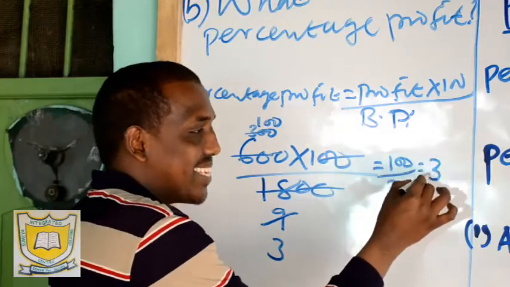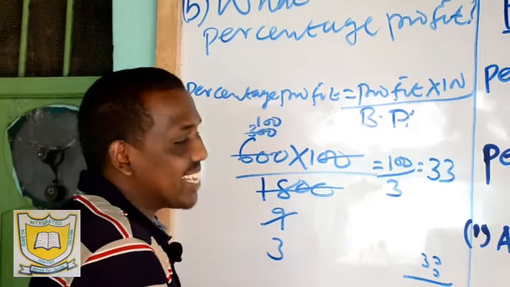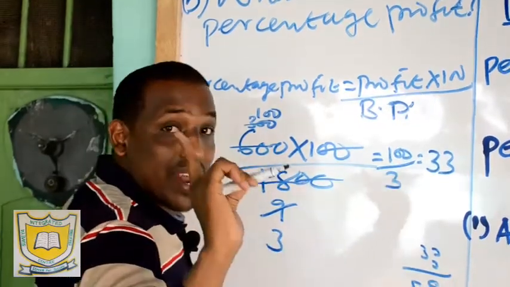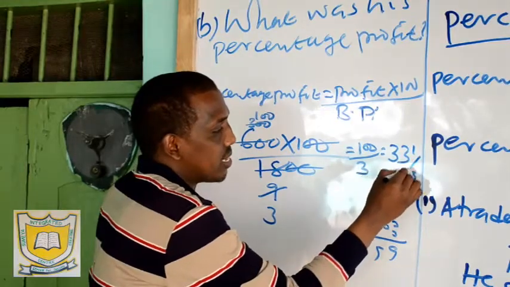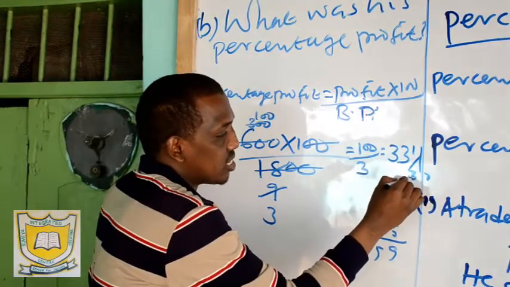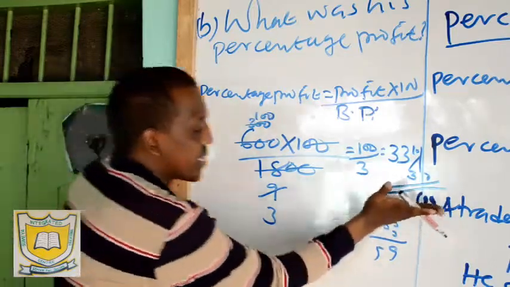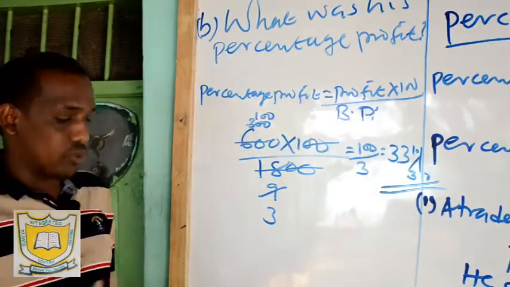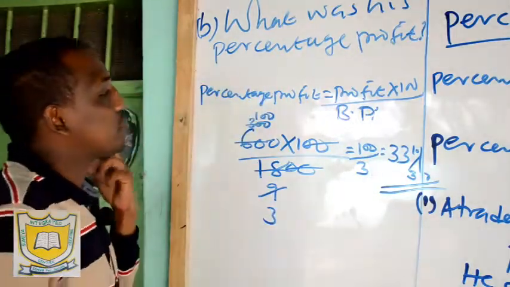They are 33 threes, because if you say 33 times 3, you will get 99. So 33, then remainder 1. There will be 1 remaining over 3. So it is 33 and a third %. That is how we get the percentage profit, 33 and a third %, or 33.3%, which is the same.